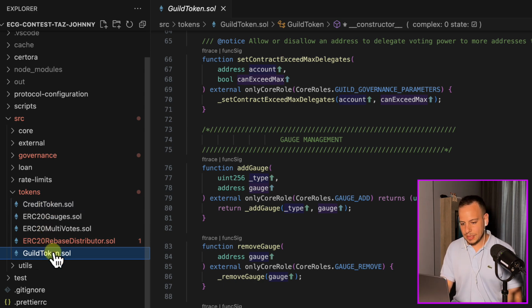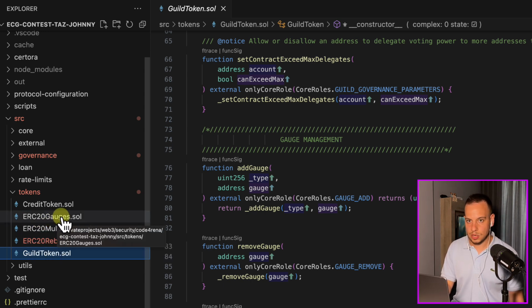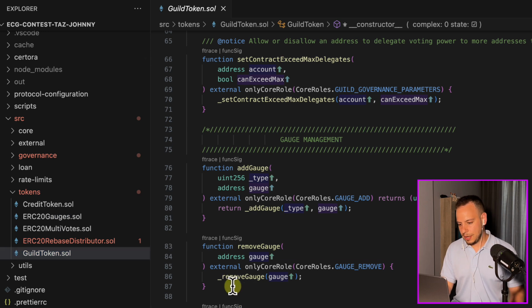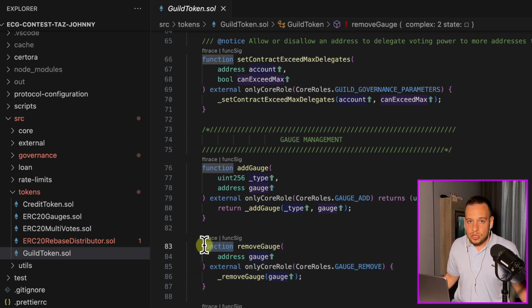Before that, the Guild token is implementing multi-votes and gauges. Gauge, I don't know how to say it, everyone says it differently. But gauges are something like in Curve protocol, where you can imagine a gauge where you can put your Guild tokens inside.